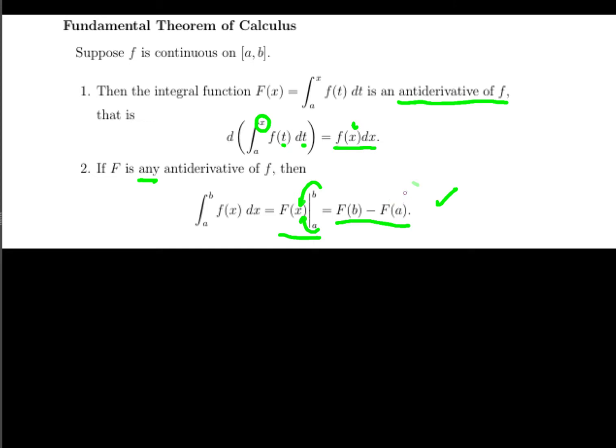Now, I will actually prove the fundamental theorem in the last video, but this second part maybe is not too terribly surprising. Again, if you recall from the previous section, if we think of f as a rate of change, then big F is my position function. The antiderivative is just my position function.